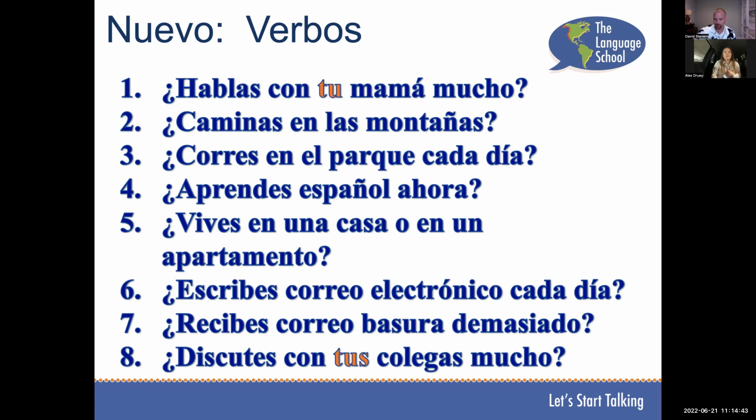Sí, escribo correo electrónico cada día. ¿Recibes correo basura demasiado? Sí, recibo correo basura demasiado. ¿Discutes con tus colegas mucho? No discuto con mis colegas mucho.